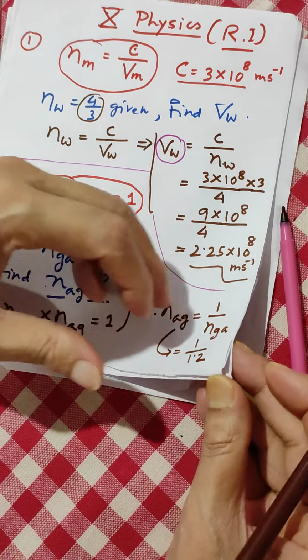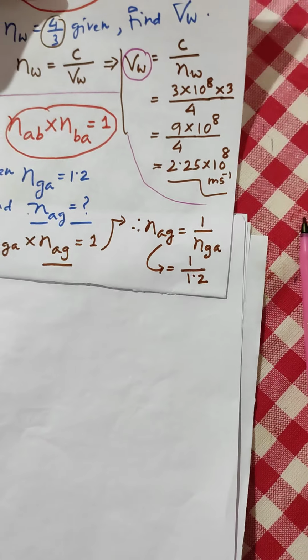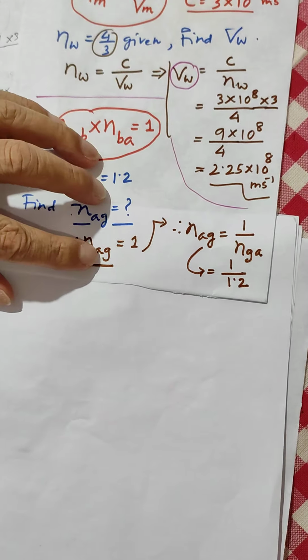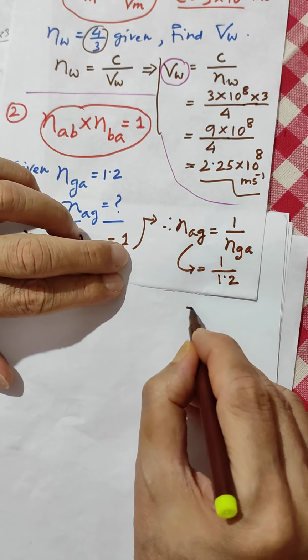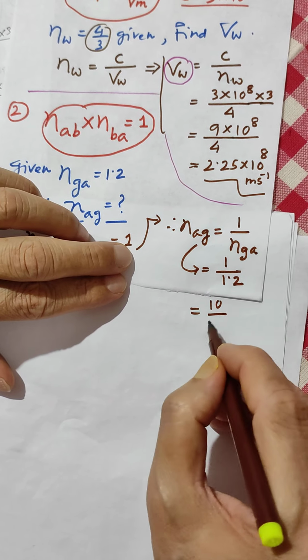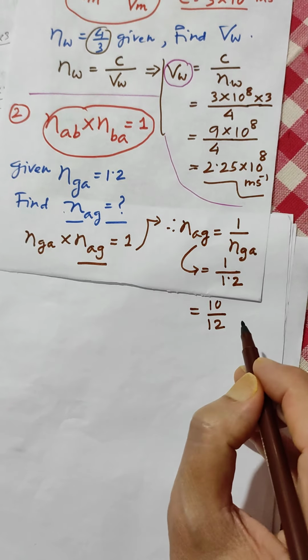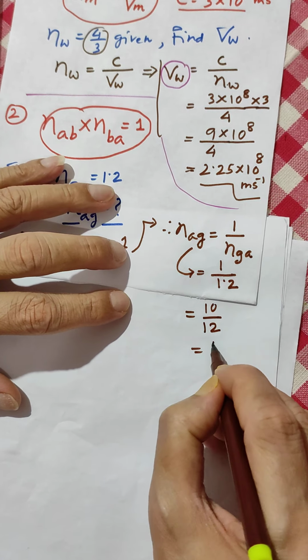Now the only thing we have to do is simplify. Using the reciprocal law, we get 1 by 1.2, that means 10 by 12, which gives 5 by 6, etc. So it is equal to 5 by 6.